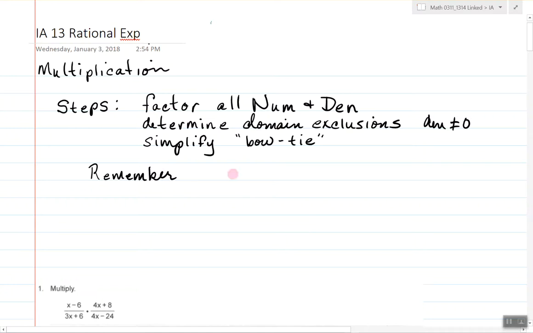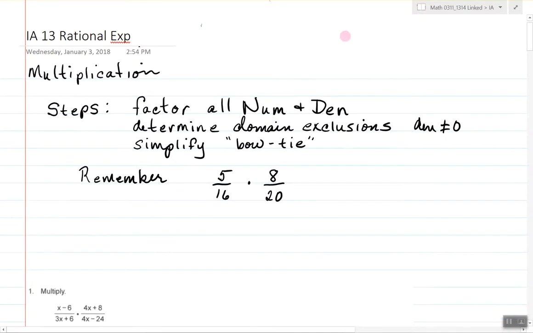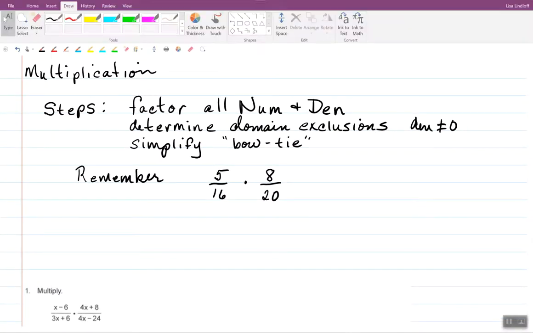from arithmetic that if you had 5/16 and you multiplied it by 8/20, you need to reduce, and it is a good idea to do it before you multiply.